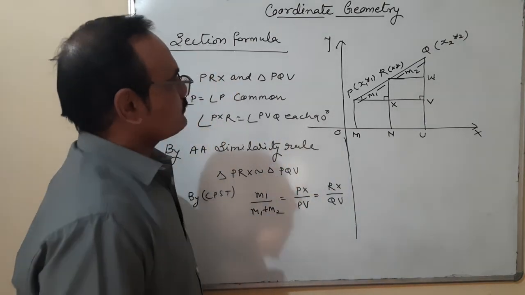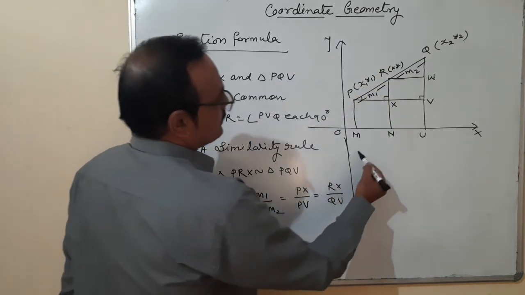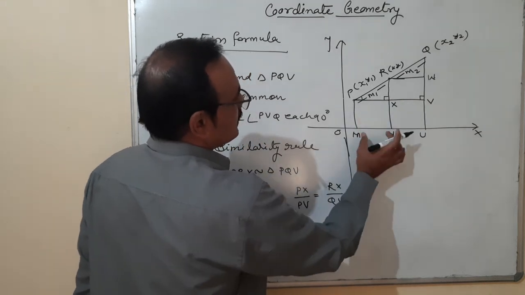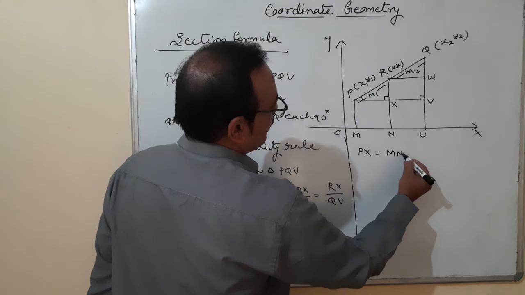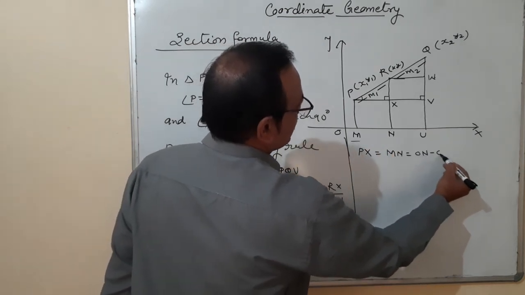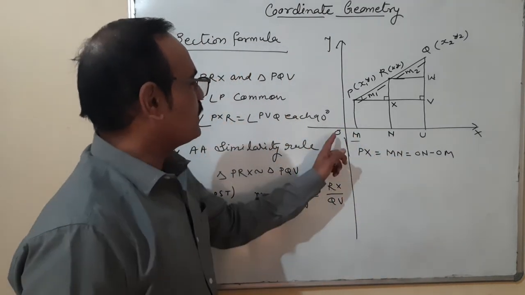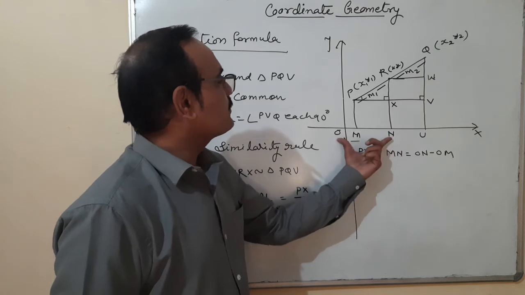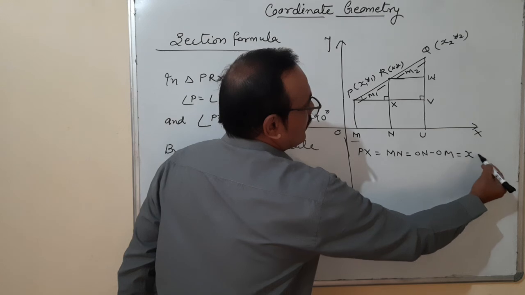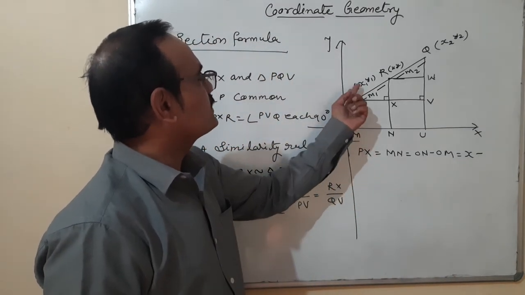First of all, I am taking the value of PX. This is PX. PX is equal to MN, that means ON minus OM. What is the value of ON? Intercept on x-axis is x, minus OM, intercept on x-axis x1.